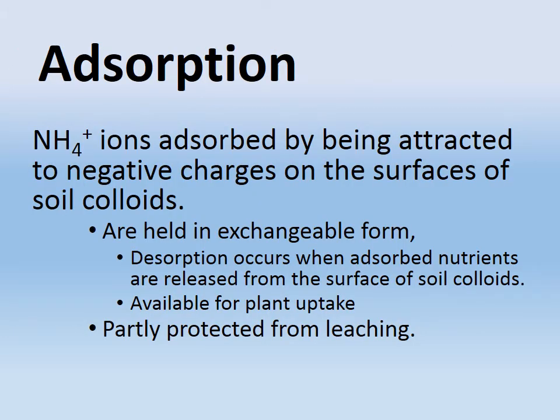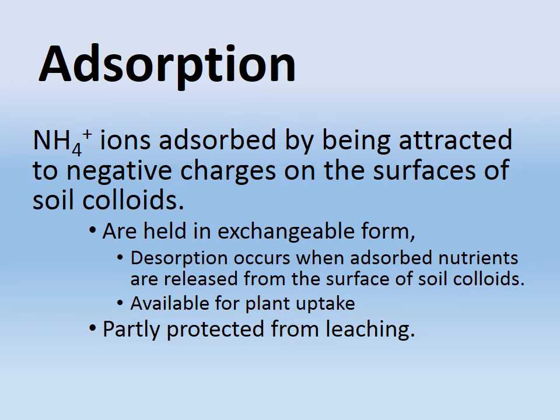So let's move on and talk about another fate of ammonium and nitrate ions in the soil. We are still on our discussion of what happens to nitrogen in the soil. What form does it take when it enters into the soil? Another process that takes place in the soil is known as adsorption.